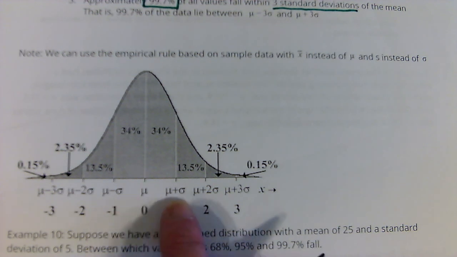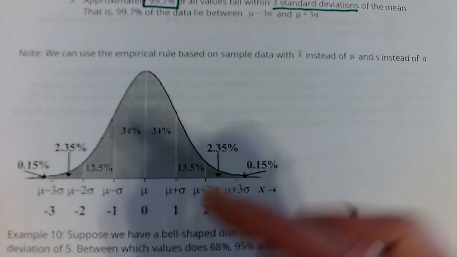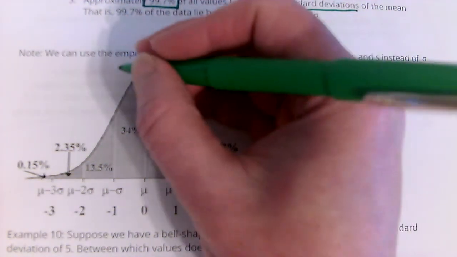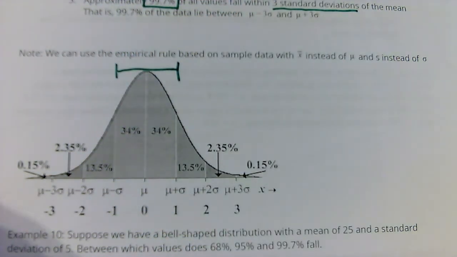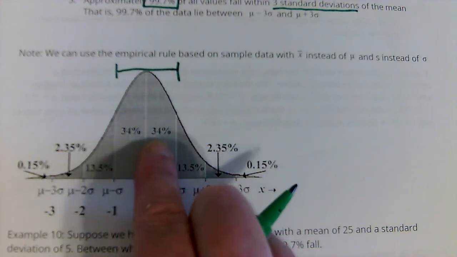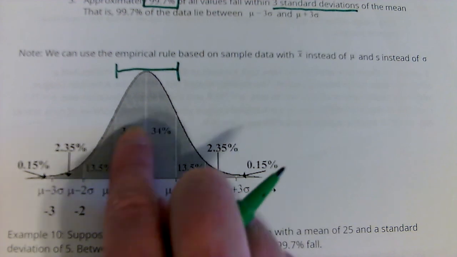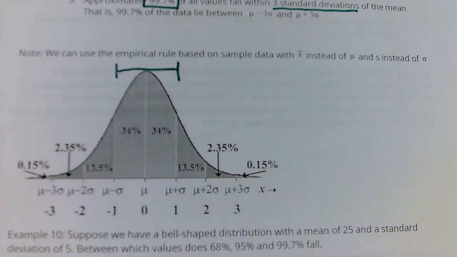If I go 1 standard deviation, another standard deviation, another standard deviation, 68% of my data is right here in the middle, within 1 standard deviation away. That means 34% and 34% are right there.